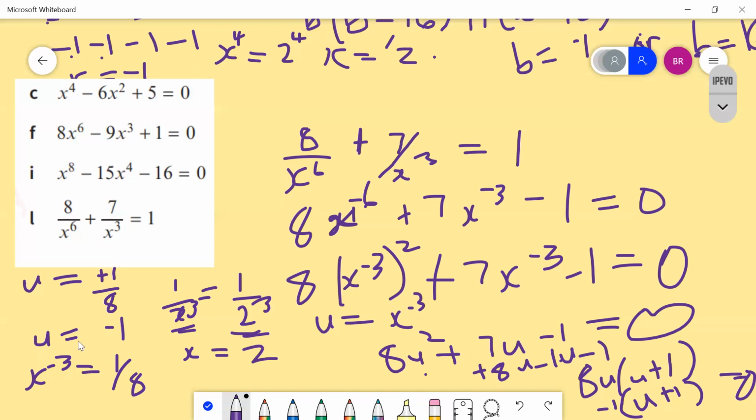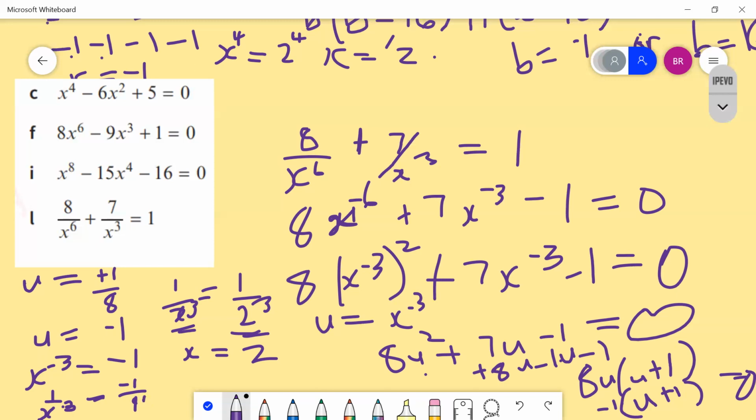Right, the same applies here. Our x to the power of minus 3 is minus 1. What it means is we are saying 1 out of x to the power of 3 is equal to minus 1 out of 1 to the power of 1.